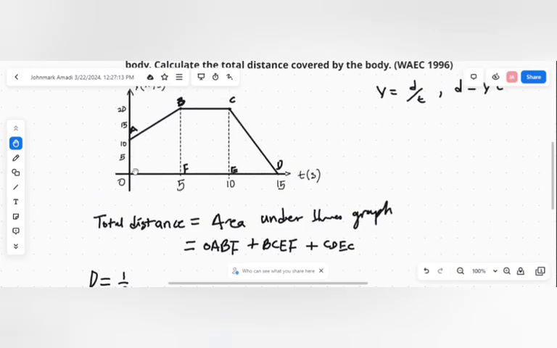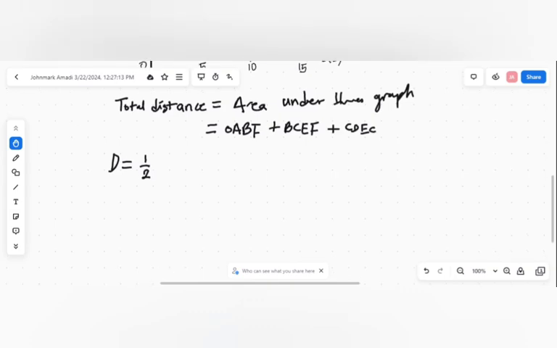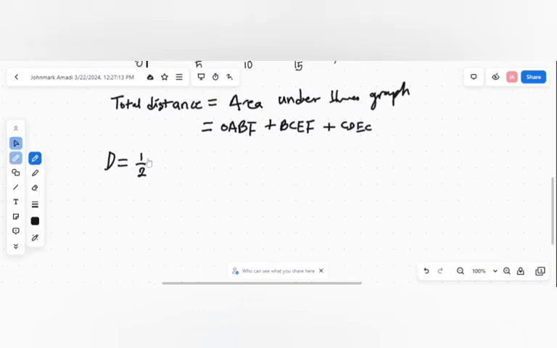Area of a trapezium is a half times the summation of the parallel sides. The parallel sides here are OA and BF. So we open the bracket: OA plus BF, we close. Then times height.